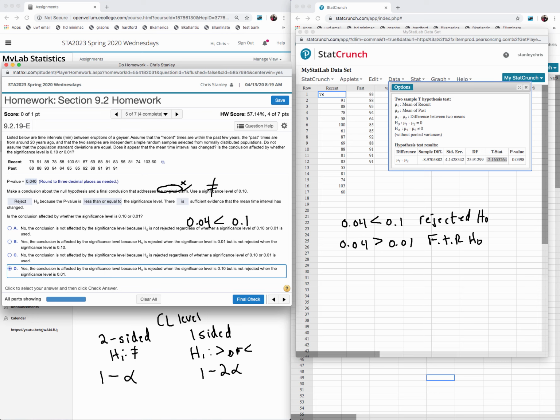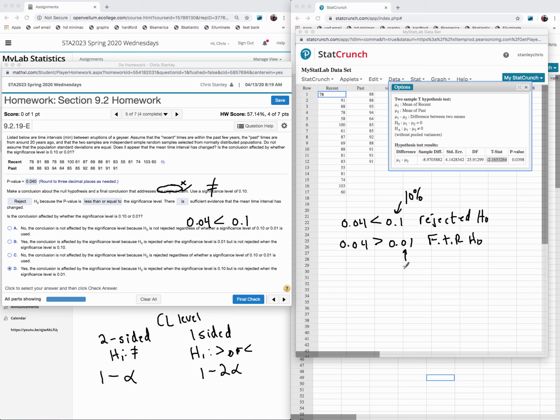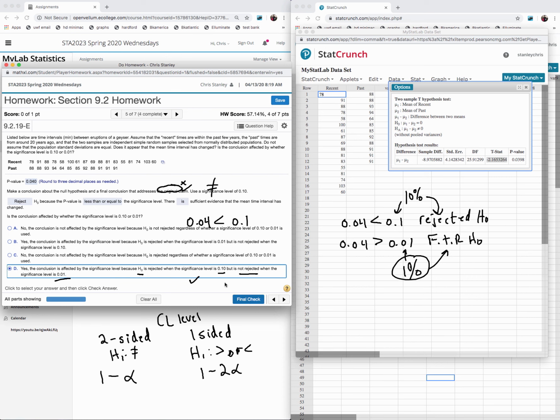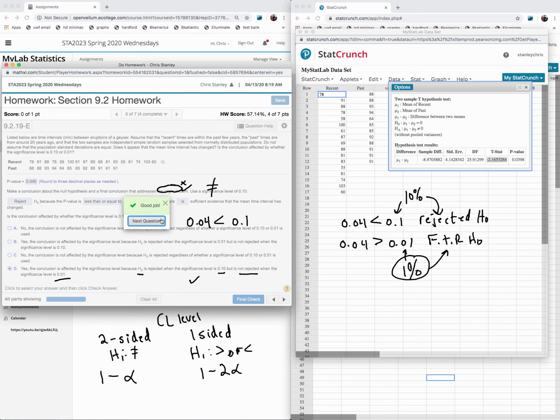This is 10%. I just read it wrong. That's 10%, that's 1%. So when it's 10%, it's rejected. So H null is rejected when the significance is 10%. That's true. And not rejected when it's 1%. Here's 1%, and it's not rejected. So this will be right. So what happens when you try to go too fast?